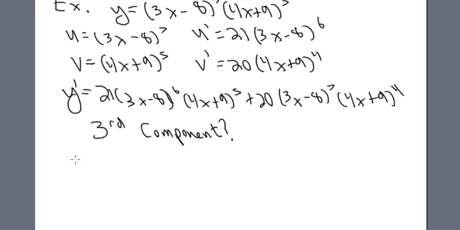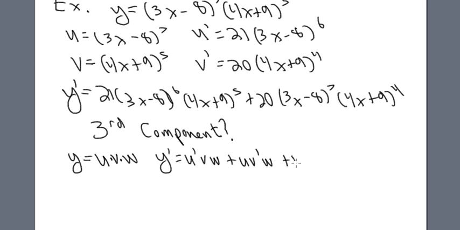So in this case, what I'm talking about is what if I have y equals u, v, w? Three components multiplied together. Now, the trick works for this as well, and it just means things get really long. So y prime equals u prime v w plus u v prime w plus u v w prime.